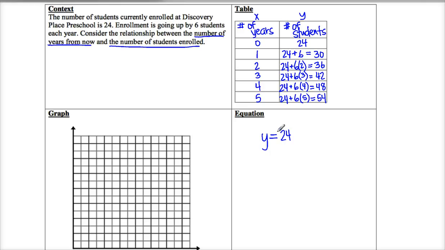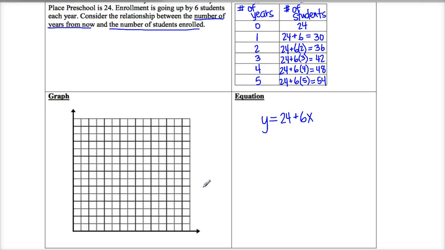Remember, that's the initial value, plus 6 students added per year. Now, each year is represented by the variable x, so 6x. So we can see that pattern right here, 24 plus 6x. Okay, very good. So this is the equation that we got from the table.